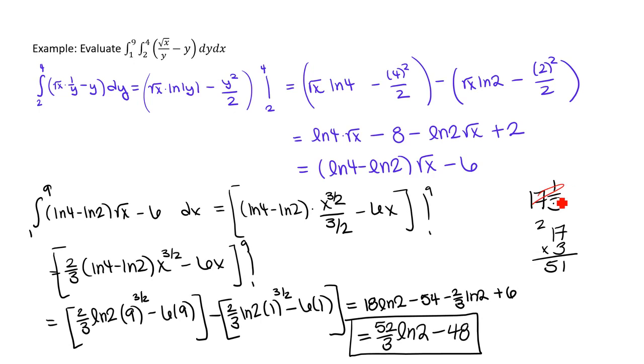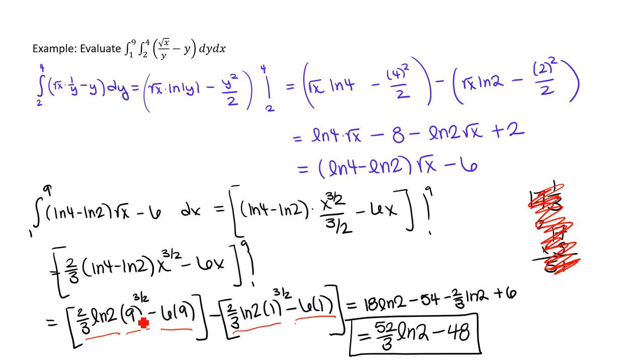There's my scratch work. I didn't have a calculator when I was making this. So we did 2/3 ln 2, 9 to the 3/2, minus 6 times 9. This is what I had before. Minus 2/3 ln 2, 1 to the 3/2, minus 6 times 1.